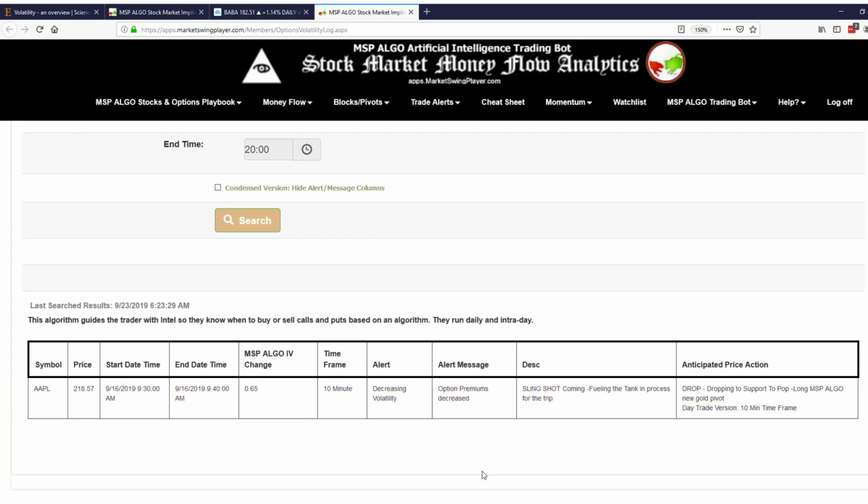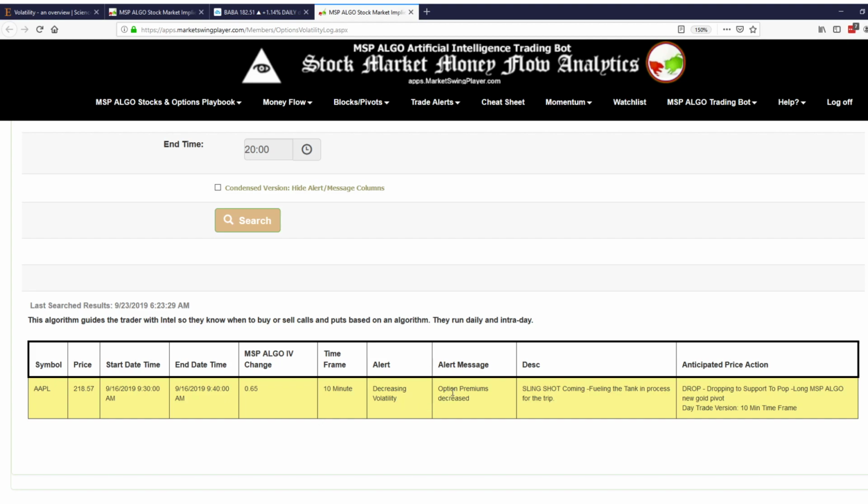Okay, so we could see that we have the symbol, the price, start date time, end date time, MSP Algo IV change, time frame is a 10-minute, intraday is a 10 minutes. It's analyzing 10 minutes of data every 10 minutes.